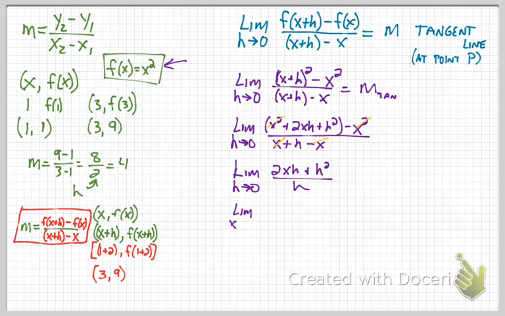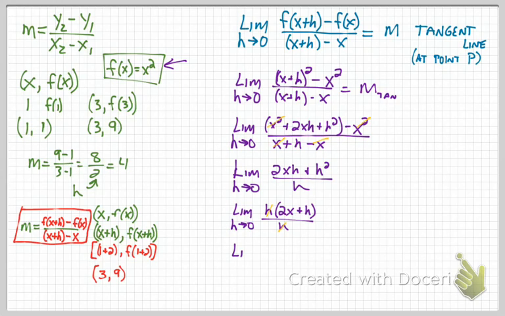So our limit as h approaches 0 is going to be, well, let's factor out an h. I see that this is common in the numerator and the denominator. So we can cancel out these h's, and we are left with, what are we left with?